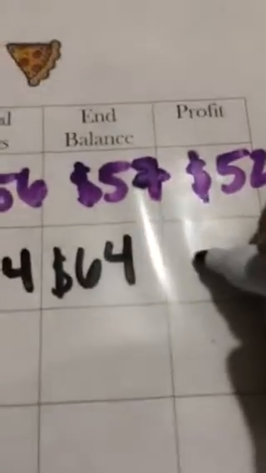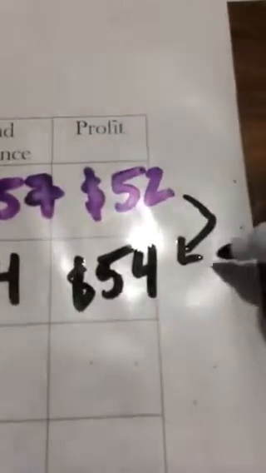So I'll put that 54 here. And I can see if I compare, I made only $2 more. So depending on what I choose to do in my purchases and how much money I begin with, that will determine the amount of profit that I have at the end.